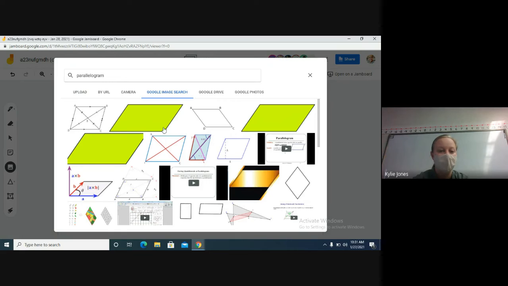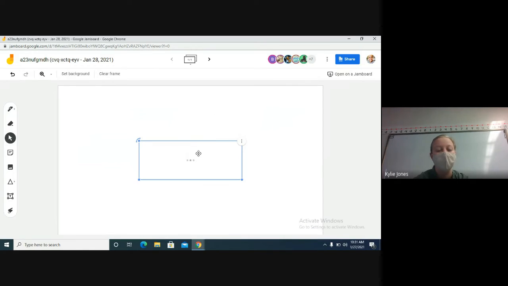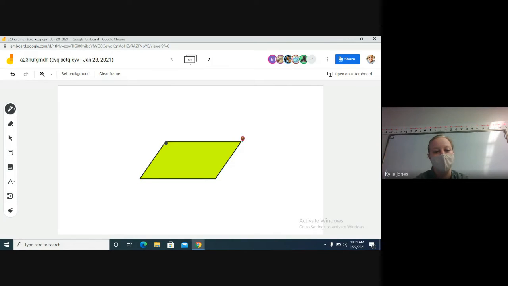The next one is a parallelogram. It takes a little bit longer to do it all on here electronically, which is fine.